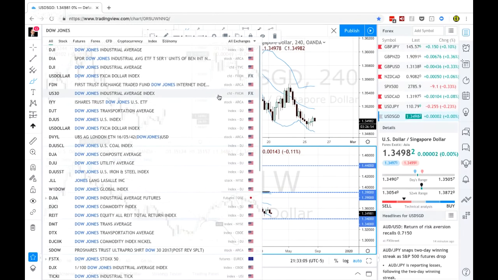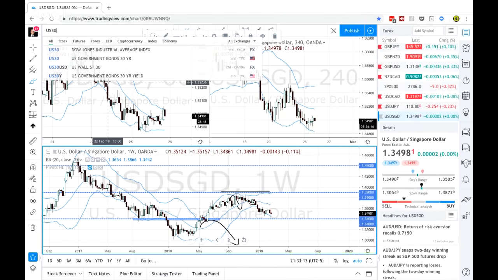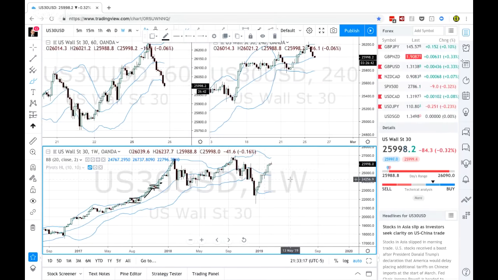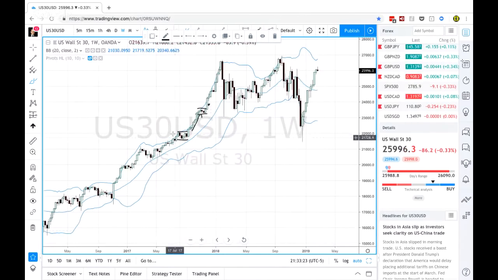Oh, US 30, right? That's probably it. Exactly. So let's have a look. And this is pretty much going to be the same as the S&P, I realized, so not much of a difference. I don't know why there are some lines here. For some reason, I didn't get this in the past, but interesting.